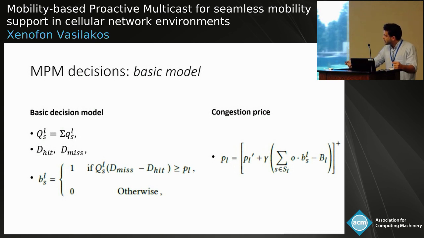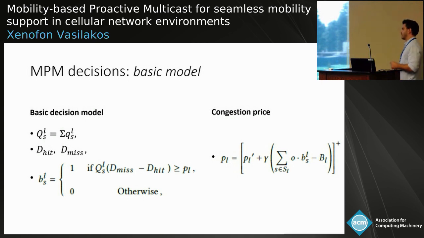The decision is positive, which means that we decide to proactively multicast an object S in cell L if the expected cost gain, in case a mobile moves to this cell, is higher than a congestion price. You see the congestion price over here. This congestion price refers to the backhaul, which is the congested resource, and it's dynamic.